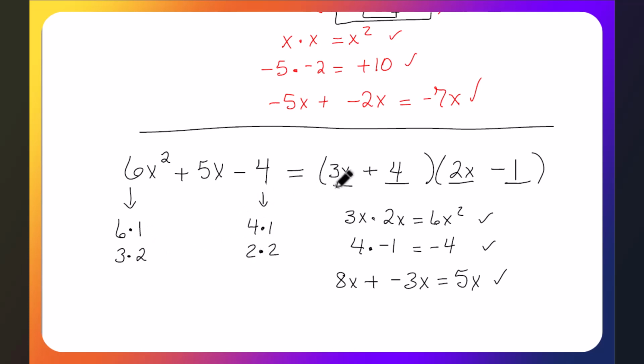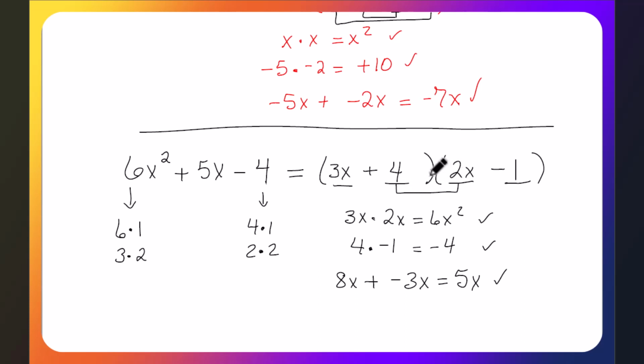I started off trying the 3x and a 2x. For the 4, I'm going to try the 4 and the 1. Now, I picked the signs based on knowing I need to get a plus in the middle. Because right now I'd have a plus 4 times a 2.